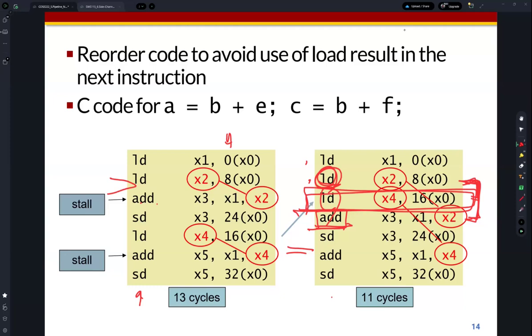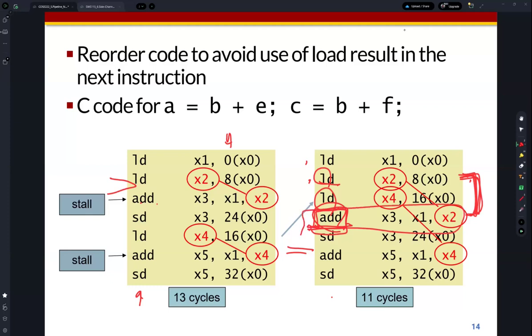But the good thing is that there is another instruction. So this load instruction can be executed without any pipeline stall, right? And then this add instruction can be executed, but actually you can find the clock cycle gap between this load and add instruction.